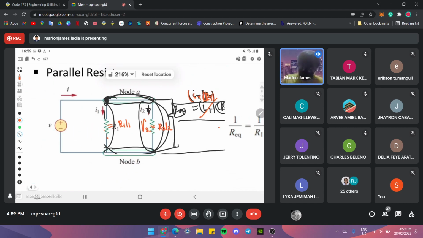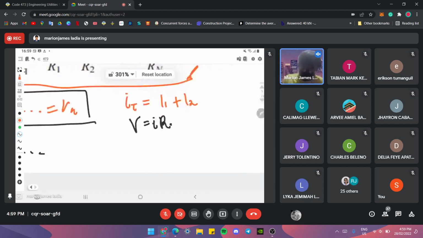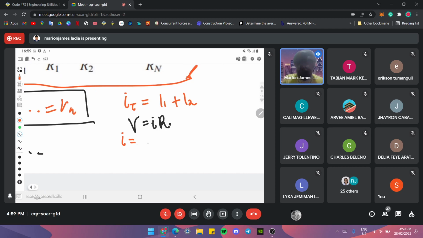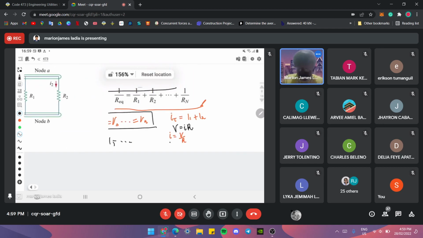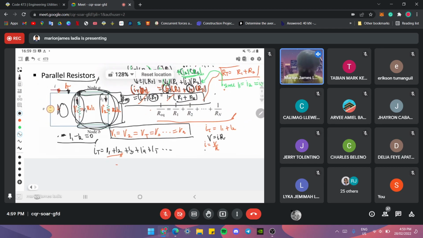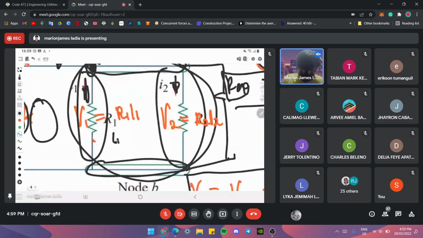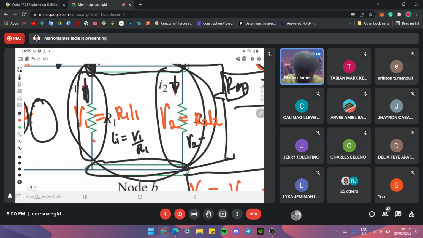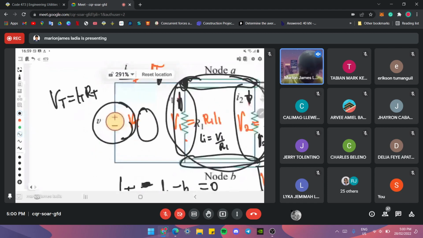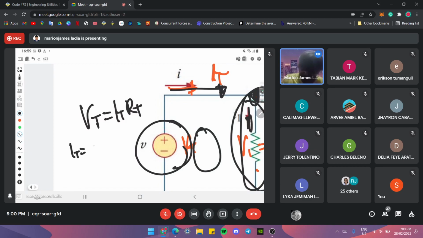Now, from this, I can have the value of I, wherein, based on Ohm's law, I is equal to V over R. So I1 is equal to V1 over R1, I2 is equal to V2 over R2, and of course, our total current, I total, is equal to V total over R total.